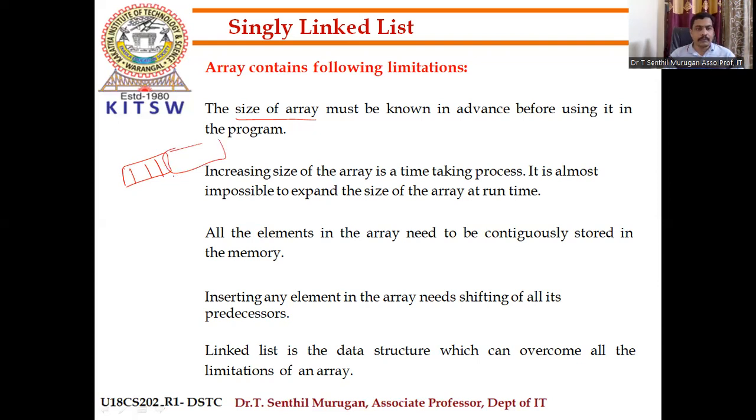If memory is already occupied continuously, you have already allocated 65 continuously. Suddenly you want to add 5 more members, whether this continuous memory will be allocated here or not, we don't know. That is the impossible thing. Even at runtime, we are not able to change these things. Okay.